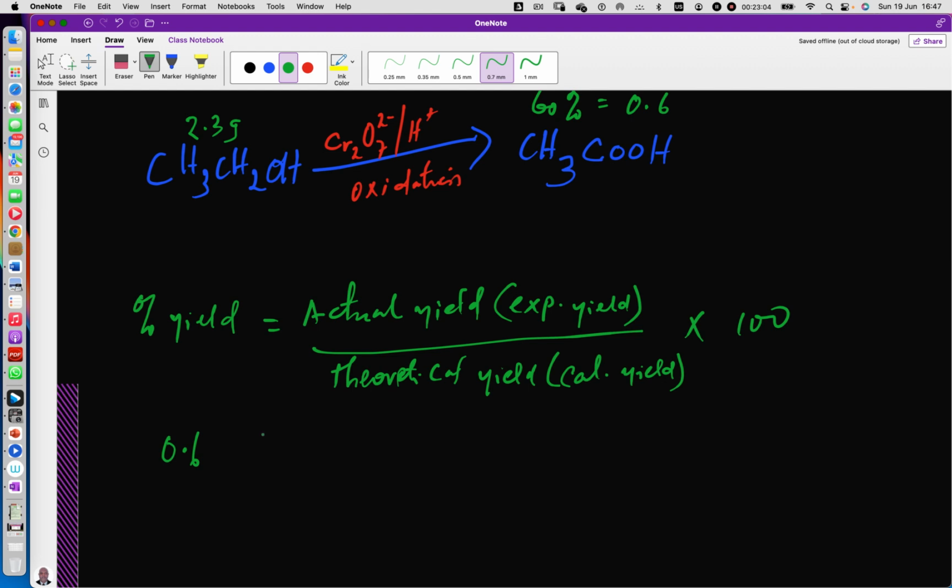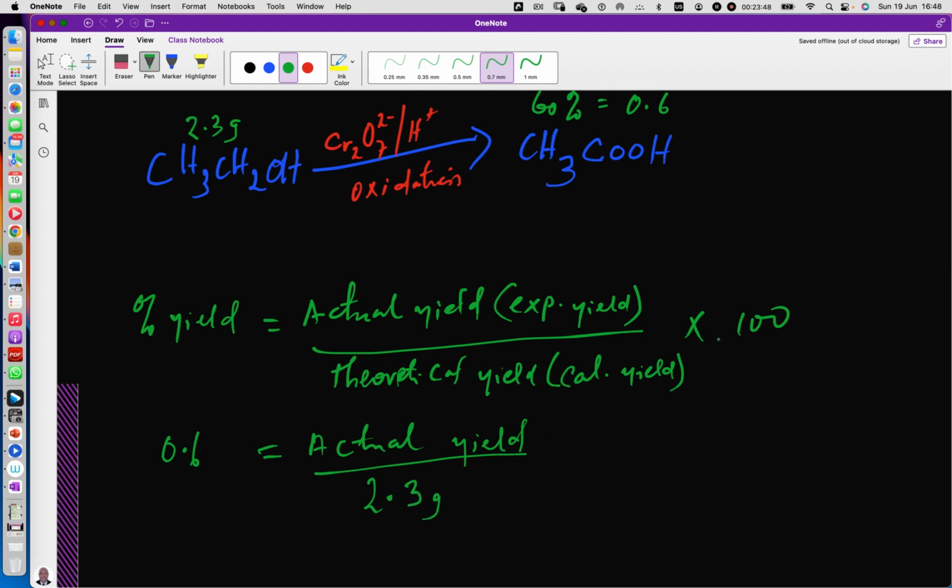So 0.6 is equal to the actual yield divided by the theoretical yield. The theoretical yield is 2.3 gram.